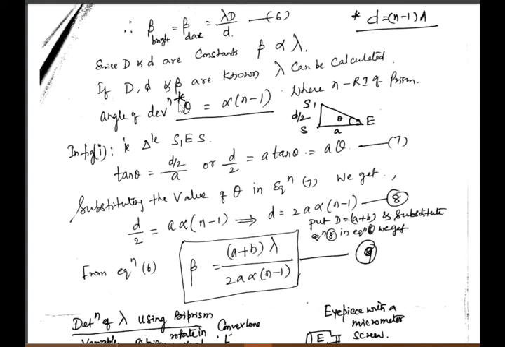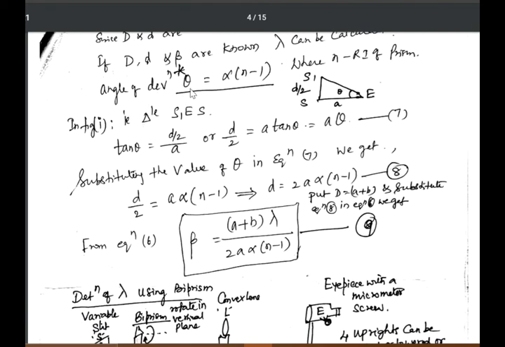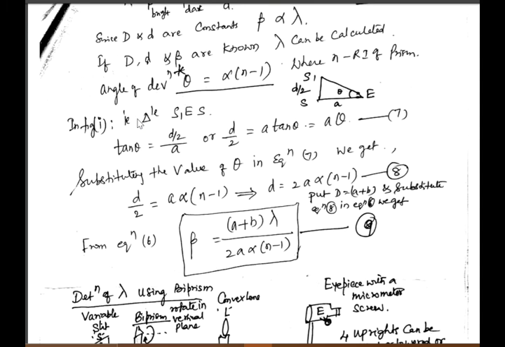If capital D, small d and beta are known, wavelength lambda can be calculated. So angle of deviation theta will be equal to alpha into (n minus 1), where n is the refractive index of the prism. Now in figure 1, in triangle S2ES, tan theta is d by 2 by A, or d by 2 is A tan theta, that is A into theta, because theta is small, tan theta can be taken as theta.